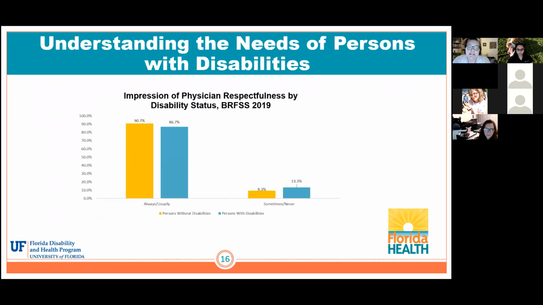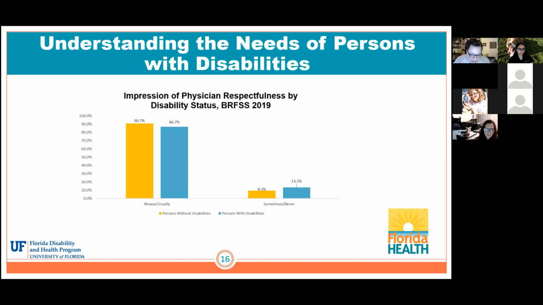In addition, we tend to see people with disabilities being more likely to report problems with the healthcare experience when they do receive healthcare. So when we looked at the impressions of physician respectfulness according to disability status, we see some interesting results. First, by and large, the overwhelming majority of both people with and without disabilities report high levels of experience of physician respectfulness.